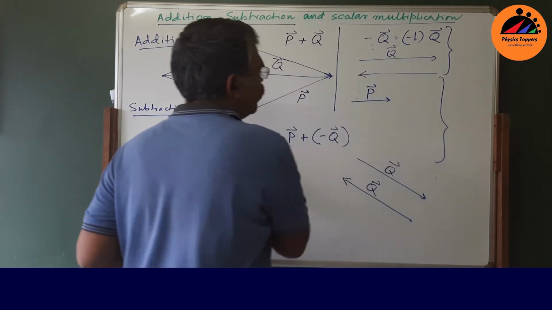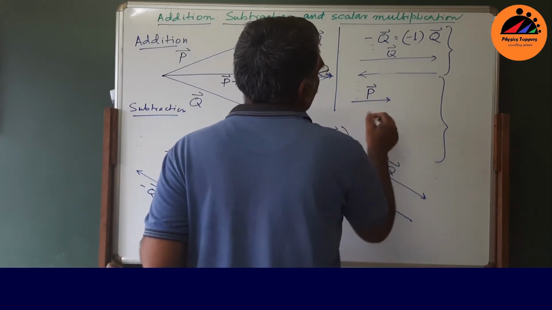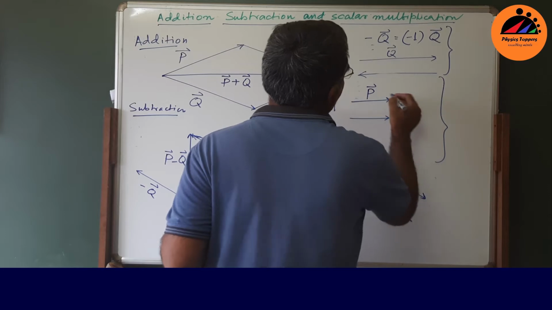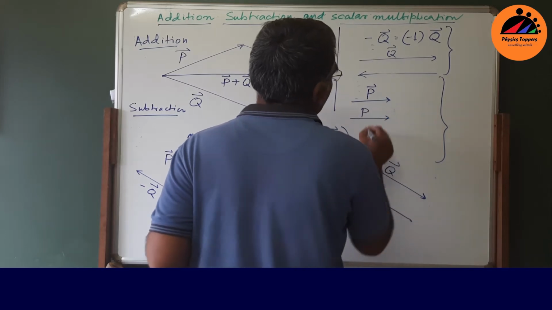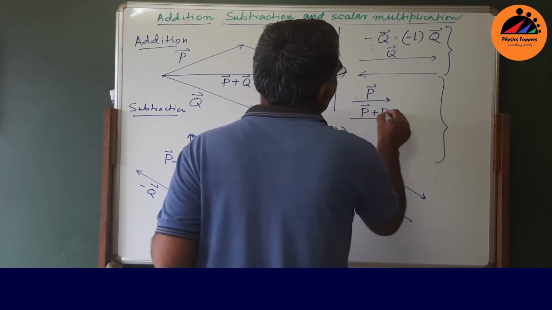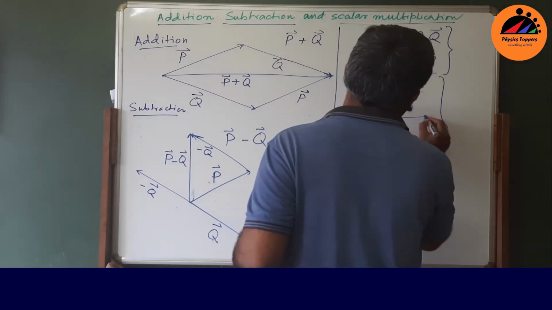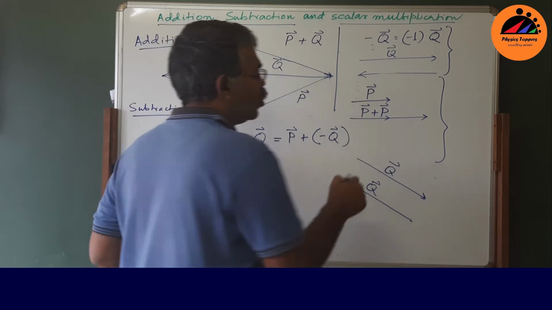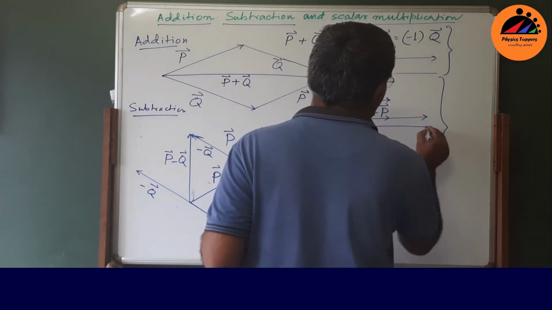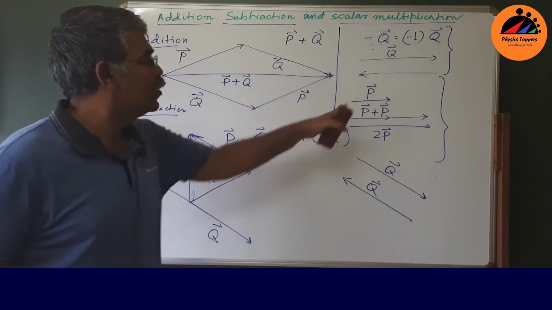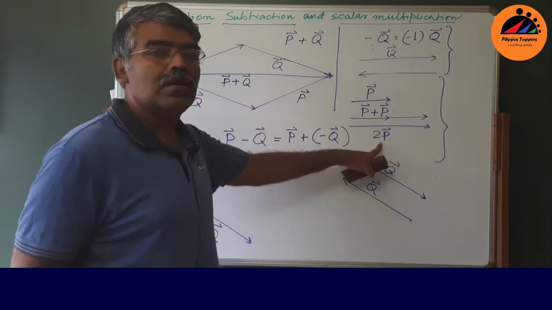This is not the same P here. So what is 2P? 2P means you take P, then you take another P. So P plus P is 2P. So what's the resultant arrow? This. So this is 2P, right? If this is P, this is 2P.